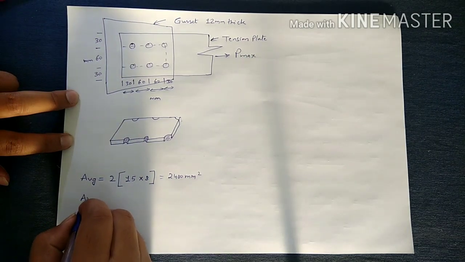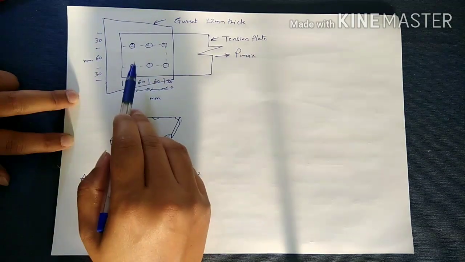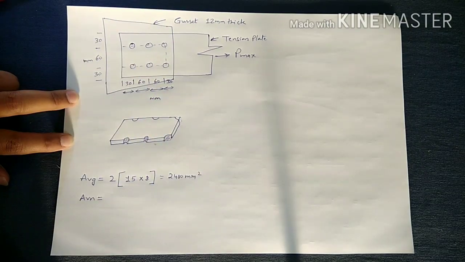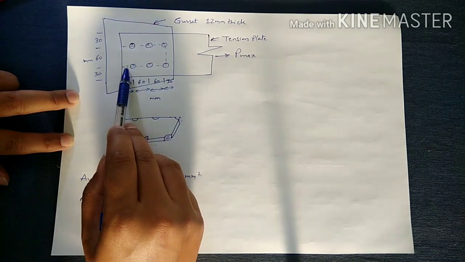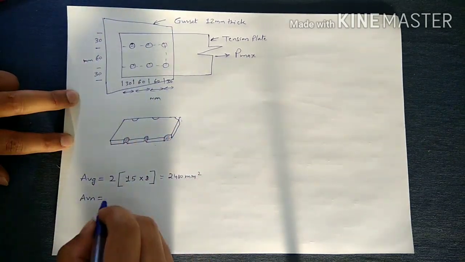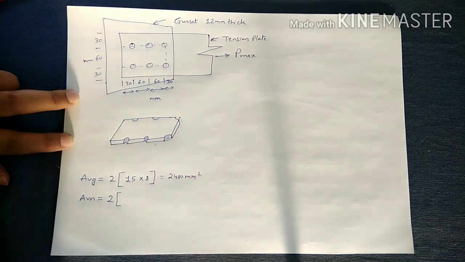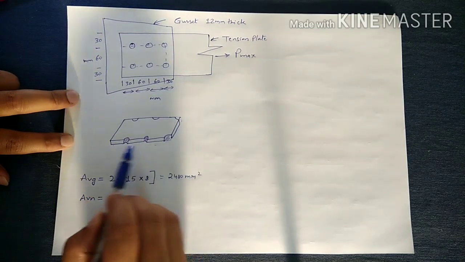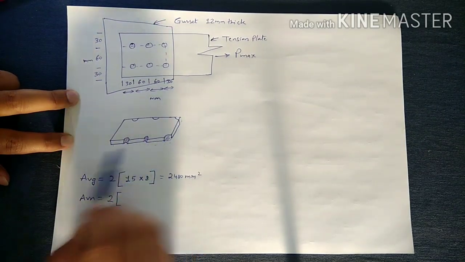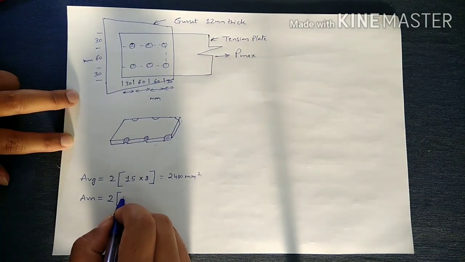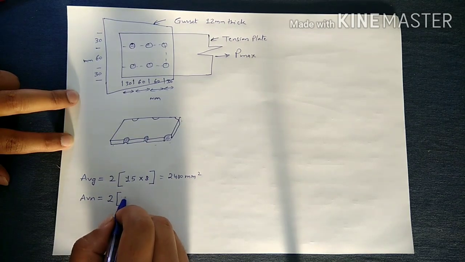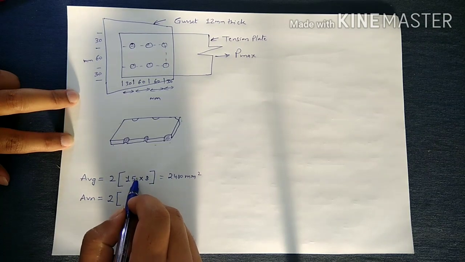Now AVN, again considering the same plane, but now I am considering that there are bolt holes. As you can see that there are two planes, again I am multiplying 2 here. If this is the length and these are the deductions, we can directly apply our net sectional formula for chain bolting, that is B. Sorry, I have not mentioned here 150.